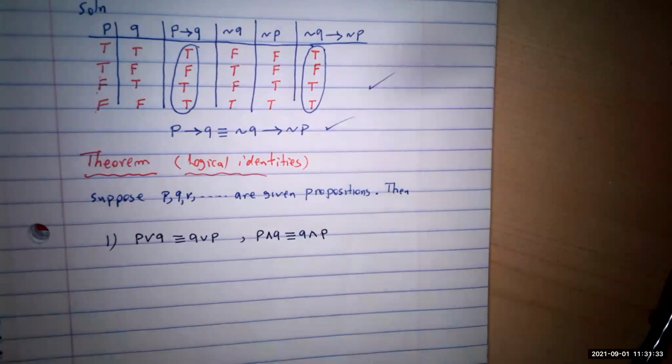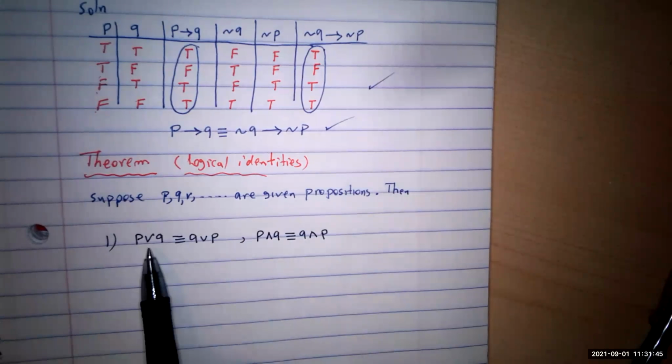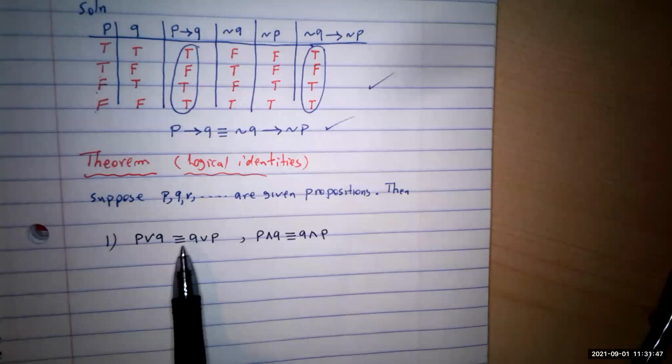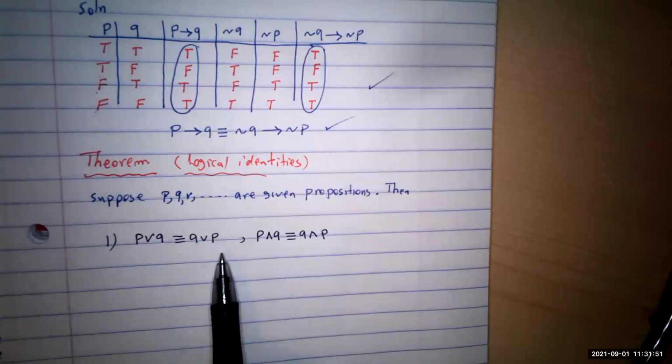Okay, that's one. When you have these binary systems, in logic or in general in mathematics, if you have one of them in terms of the first connective, which is the OR, and you change these ORs into the AND, you get a similar result for the second one.